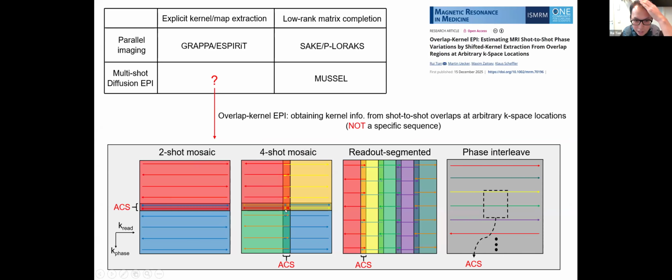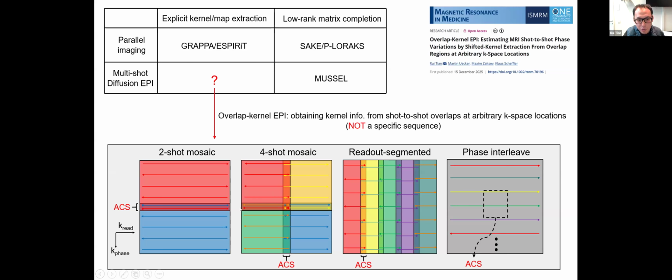So the connection is that here there are overlaps between different shots of trajectory, and different trajectories contain spatially varying shot-to-shot phase fluctuations. And this shot-to-shot phase fluctuation is just like the receiver-to-receiver RF sensitivity distribution. So in ESPIRiT or GRAPPA, you need to explicitly extract this RF receiver information, either kernels or maps, from the ACS regions.